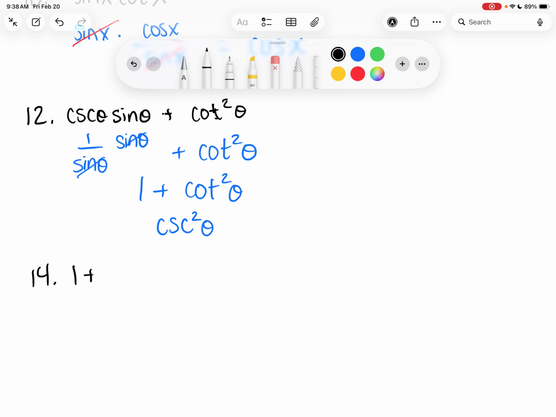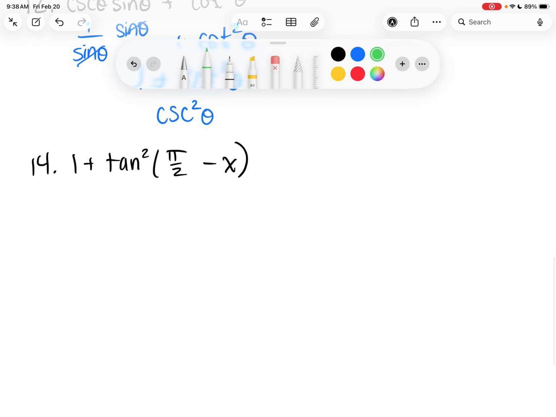Number 14: 1 plus tangent squared of pi over 2 minus x. This might have been in your notes, but just in case, I want to talk about something really quick. Tangent squared of x is the same as tangent of x, squared. It's not the x being squared, it's the whole tangent function.